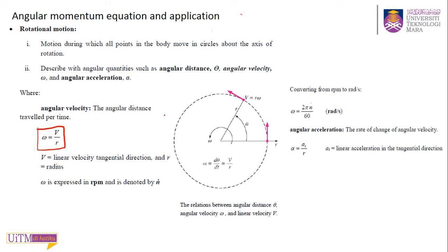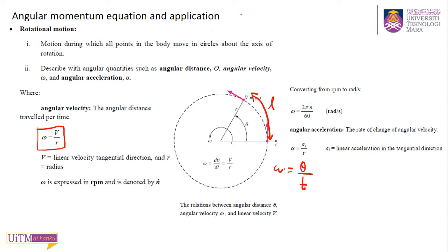If you look at this diagram, this distance, this part, is also a length, which we call L. Initially, you know that velocity is distance per time. Angular distance is this distance theta. So angular velocity is equal to angular distance theta over time.